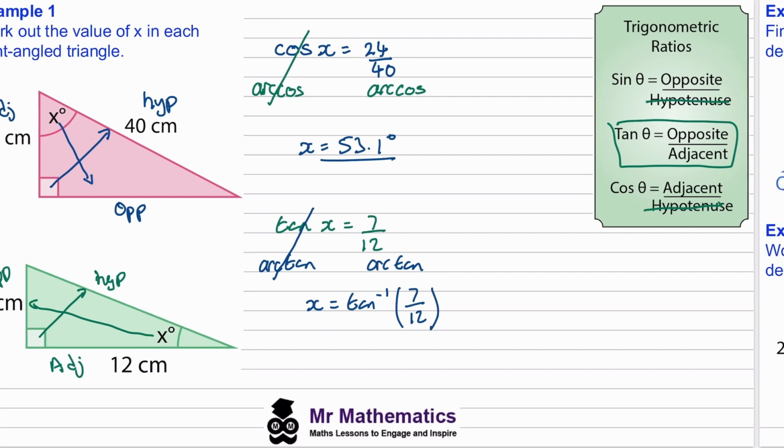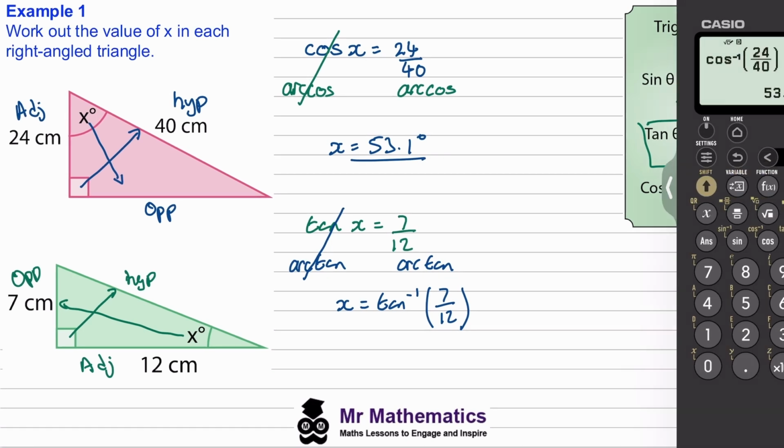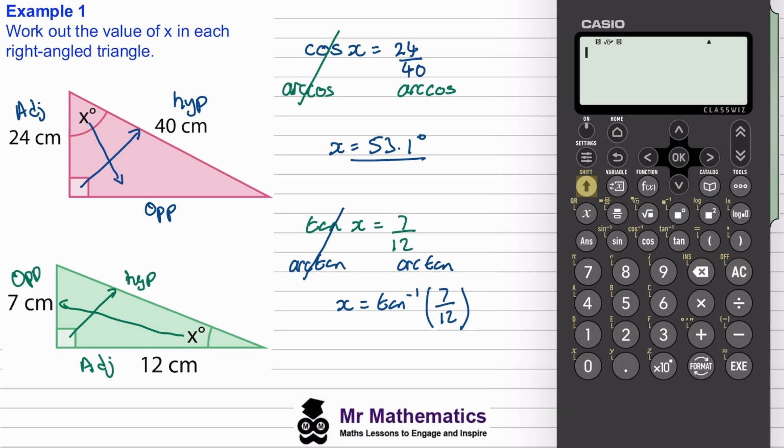So if we go to our calculators, we'll press shift, and we want the arctan of 7 over 12. And then we'll close that bracket, and we get x will be 30.3 to one decimal place.